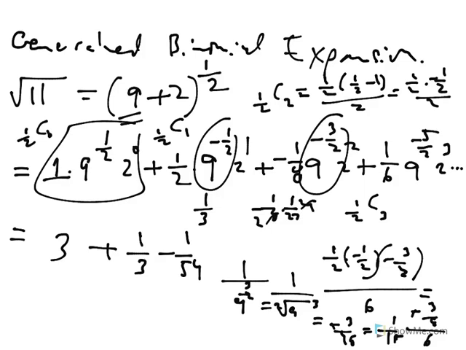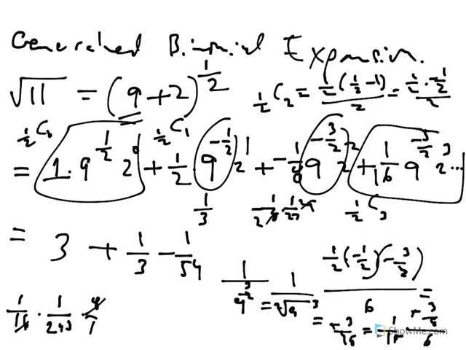And this last term becomes 1 over 16. 9 to the negative 5 over 2 is 1 over 9 to the 5/2, is 1 over 3 to the 5th. 3 to the 5th is 243, and 2 to the 3rd is 8.